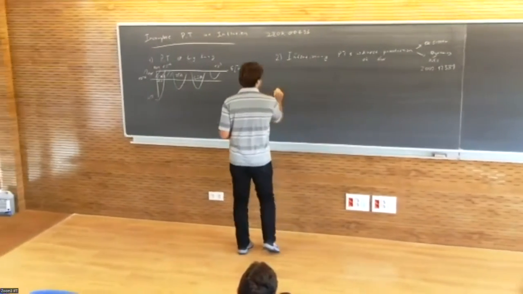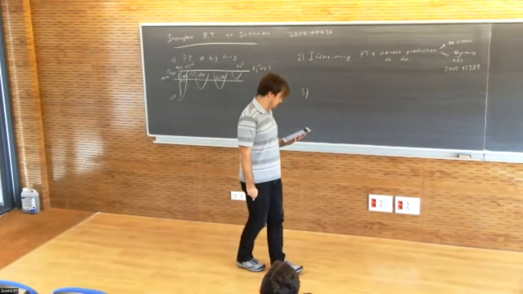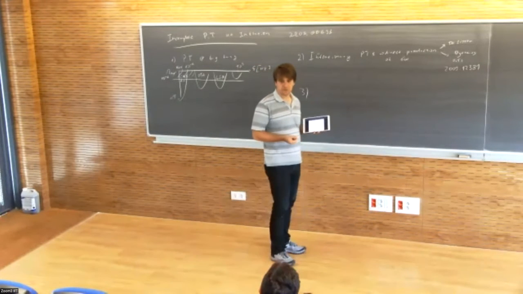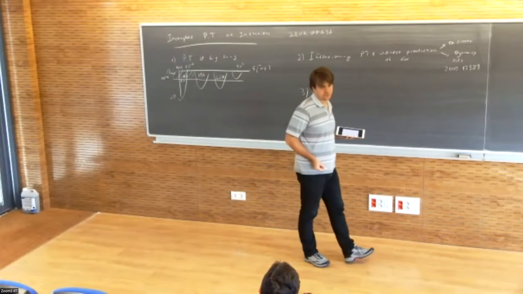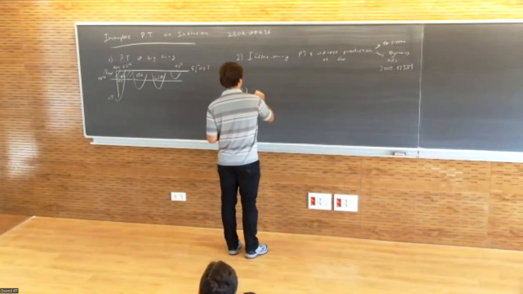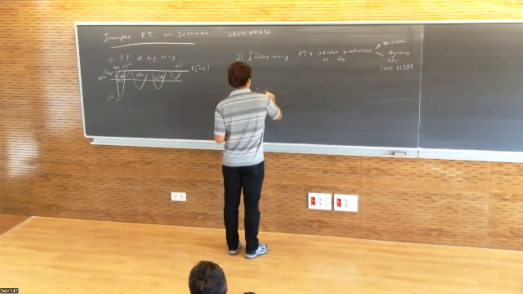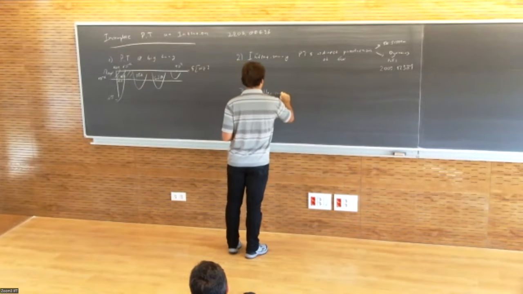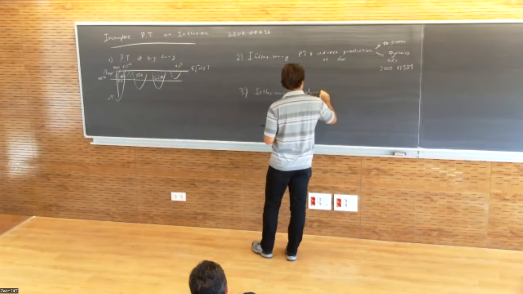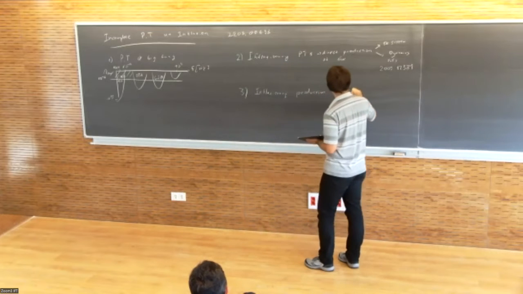Okay, so the third possibility is that inflation produces not gravitational waves, but rather scalar curvature perturbations. Okay, and so we have some dynamics, and we have inflationary production of curvature perturbations.